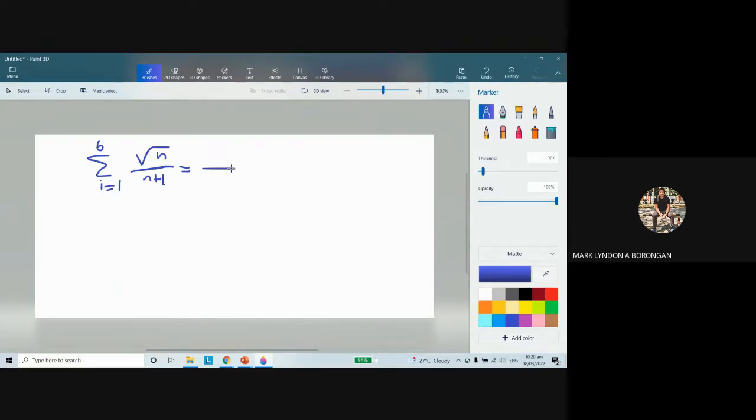First term. 1, sir. 1/2, sir. Unsa? Katusang wrong nga pag-input ani nga value. Square root of 1 over 1 plus 1, sir. Very good. Square root of 1 over 1 plus 1. Next.